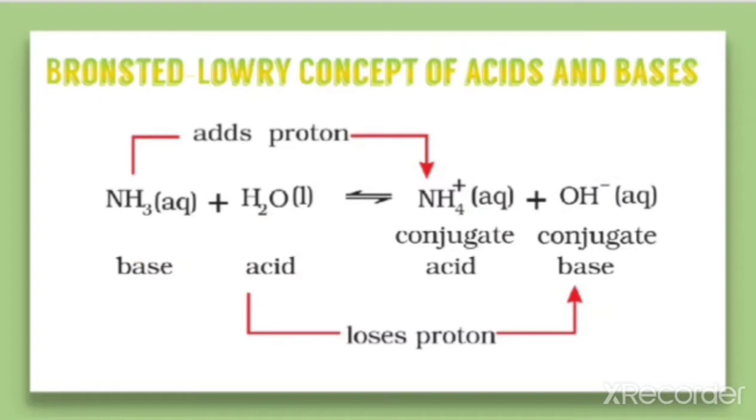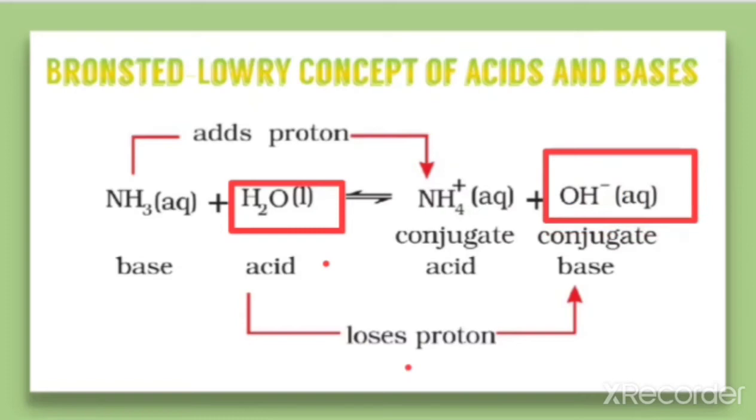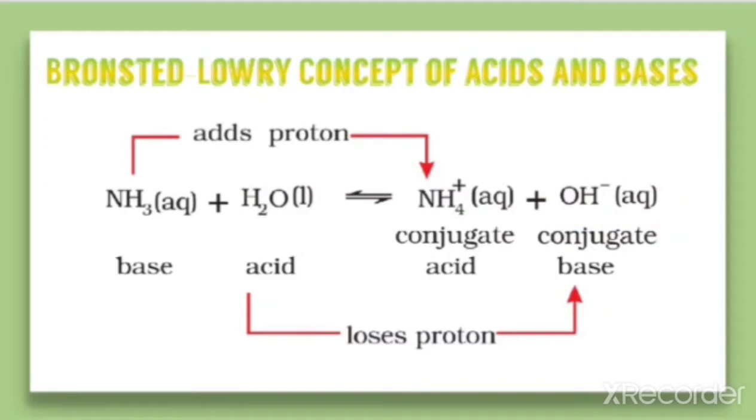So here, because the water is the donor of proton, it is an acid, and after loss of the proton it gives rise to the conjugate base, that is the OH negative ion. The acceptor of proton is actually ammonia, because water is donating the proton to ammonia.